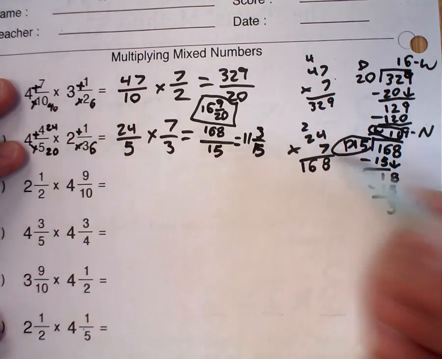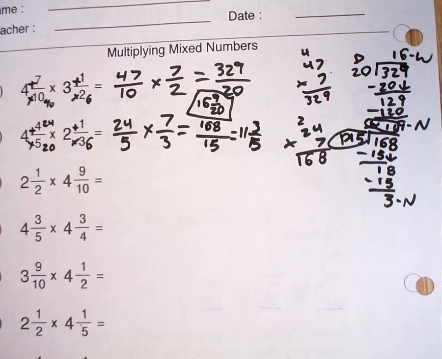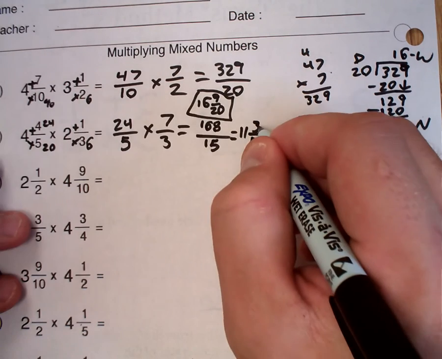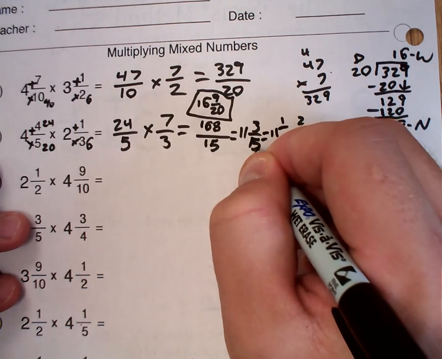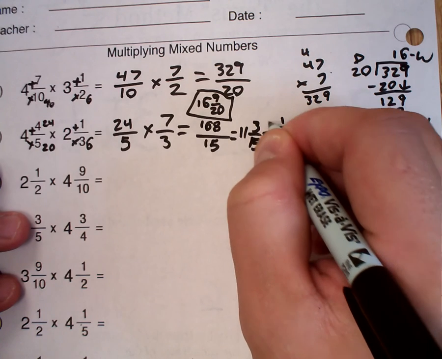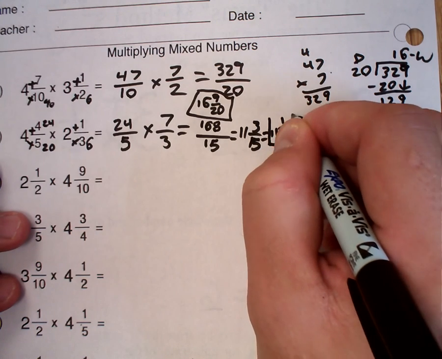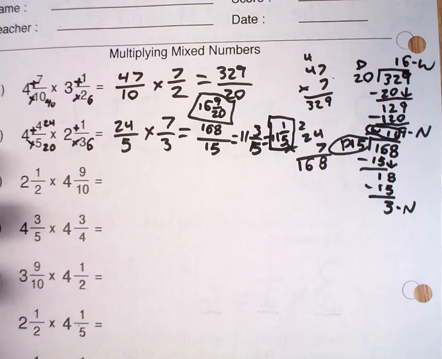Can that be broken down any further? 11 and 3 over 15. Can that be simplified? Oh, yes, because 3 fits into both 3 and 15. So 3 goes into 3 one time. So 11 and 1 over, and 3 goes into 15 5 times. So 11 and 1/5 would be the answer to number 2 right there.